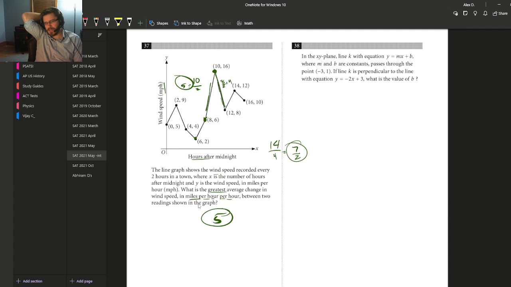It doesn't say between 2 consecutive readings, so I would accept this as the answer. Usually they're really good about that, but they didn't say consecutive. Alright, we'll see what the answer key says.